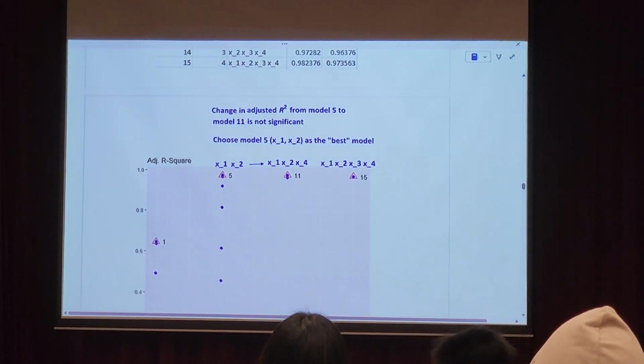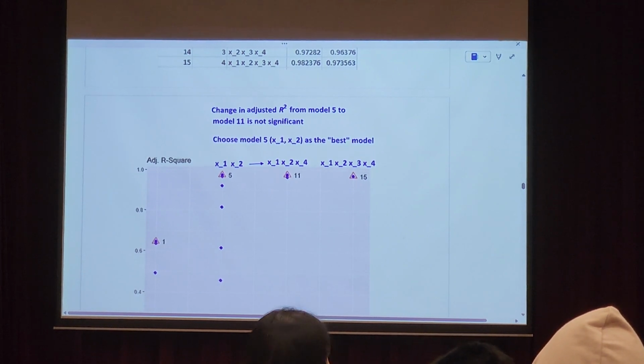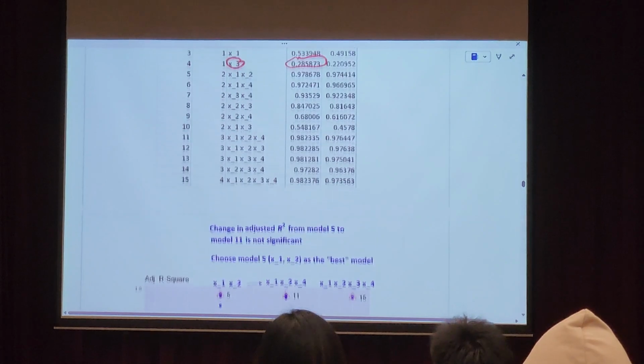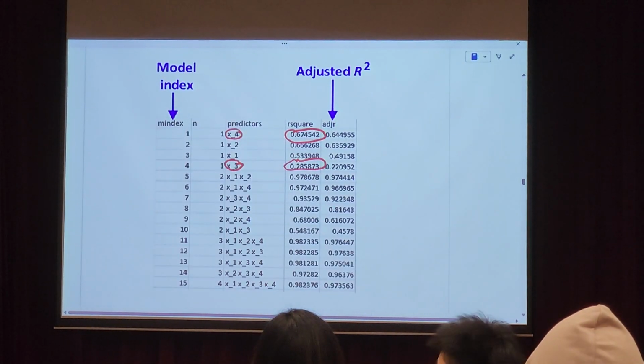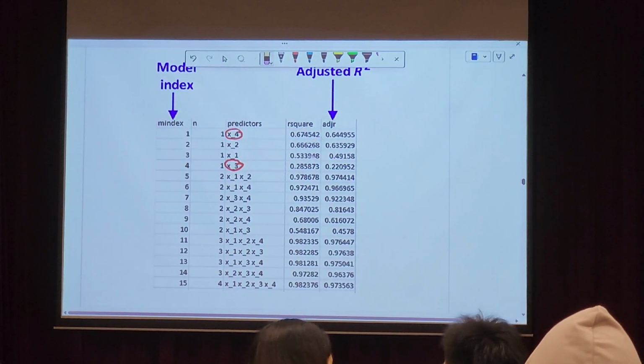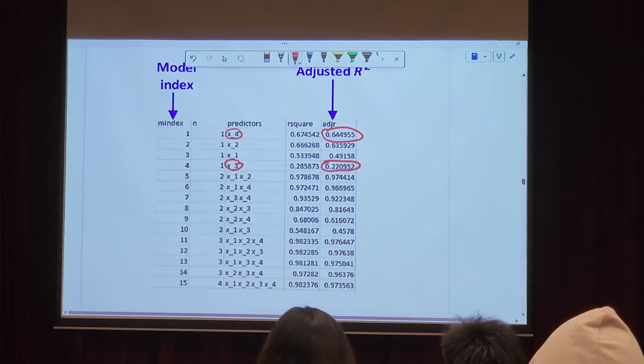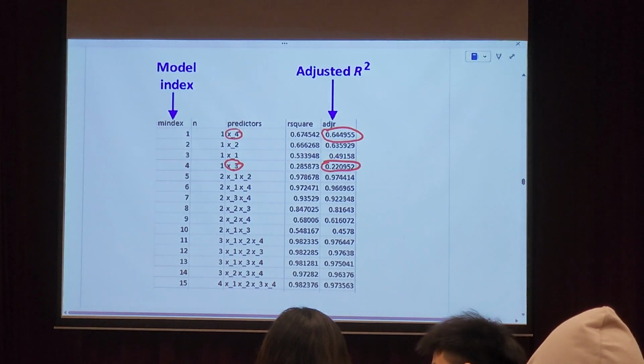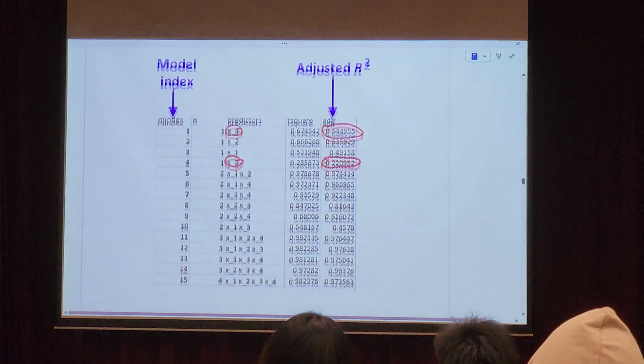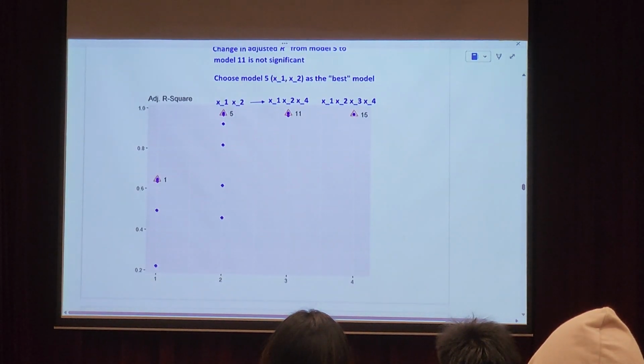The difference is small, so maybe I should just stick to adjusted R square. So here, the worst one is X3.